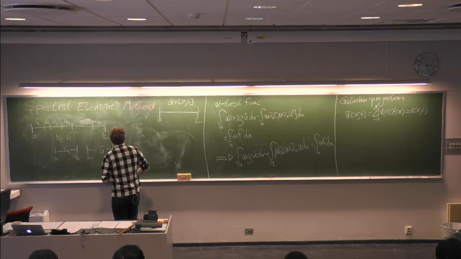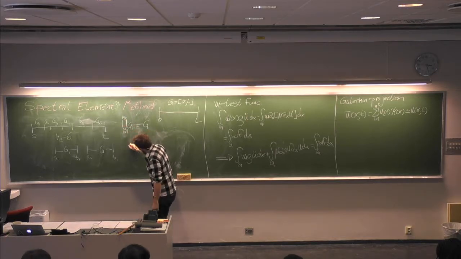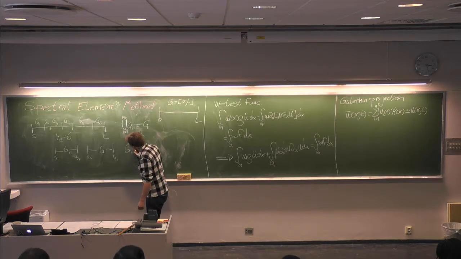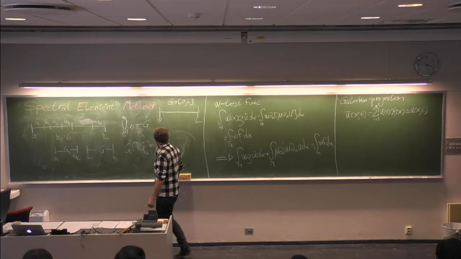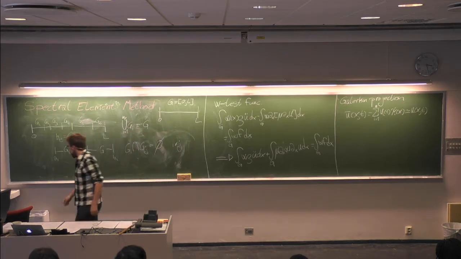In mathematical terms, that means that the union of G_i for i equals 1 to NE should be big G, and G_i intersected with G_j should be the empty set, as long as i is not the same as j, for all i and j.